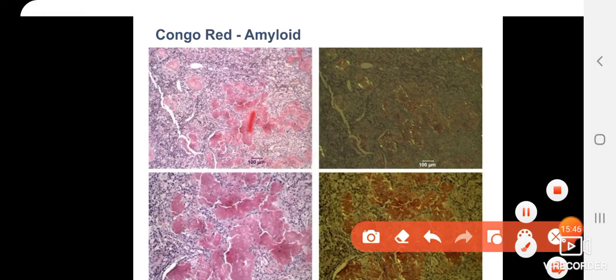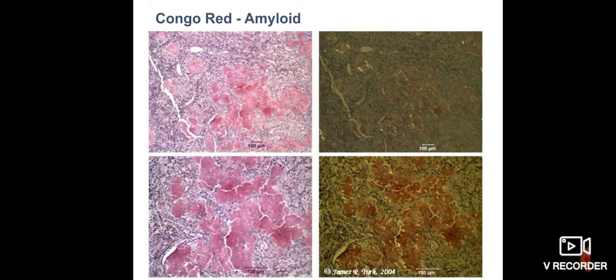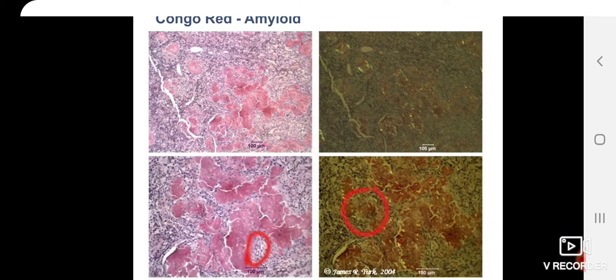These areas are amyloid, and when you see it under a polarized microscope, you will get apple green birefringence. That will be taken up in detail during the classes on amyloidosis. But please remember, Congo red stain is used for amyloidosis. It will give a pinkish red color in the staining, and under a polarized microscope you will see apple green birefringence.